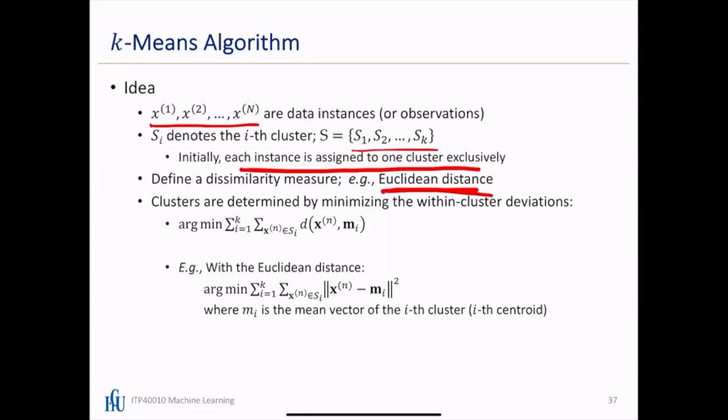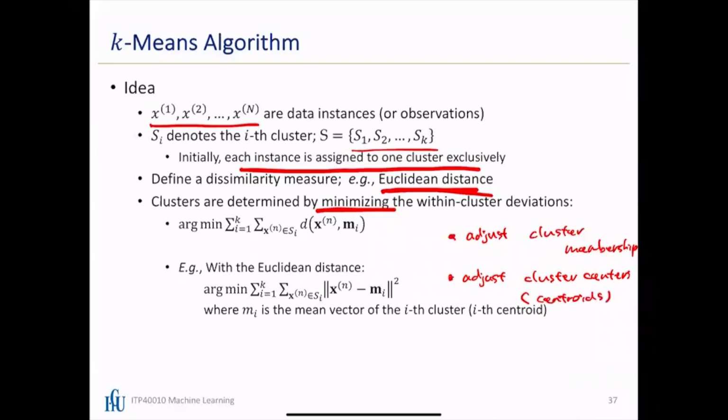The goal of the k-means algorithm is to adjust the cluster membership, and we also want to adjust the cluster centers. In other words, these cluster centers mean centroids. So we want to adjust these two. While we are doing that, we want to minimize within-cluster deviation. Within a single cluster, we want to minimize the distance between each data point and the cluster center.